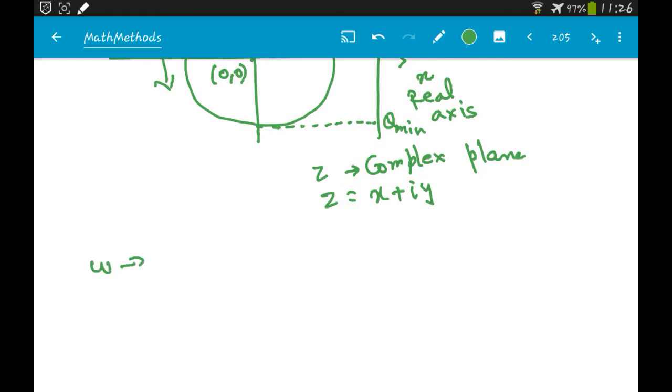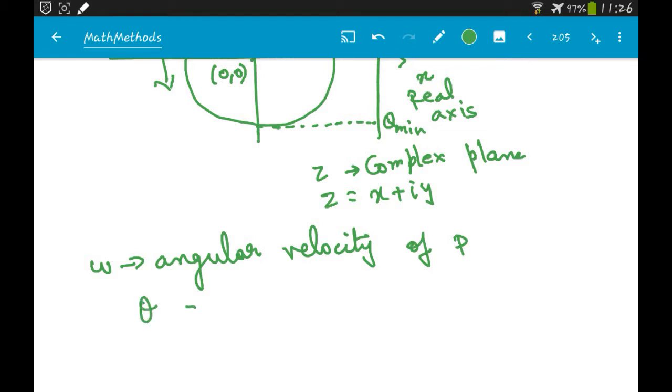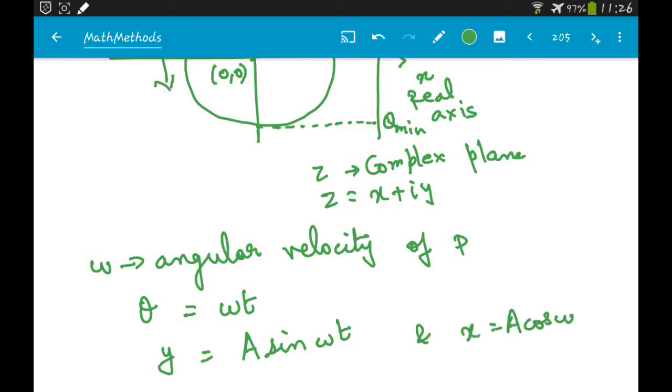So omega would be the angular velocity of P, and theta is omega t, because how fast theta changes depends on how fast you can move it in time. Your y is going to be A sin omega t, and x is going to be A cos omega t.